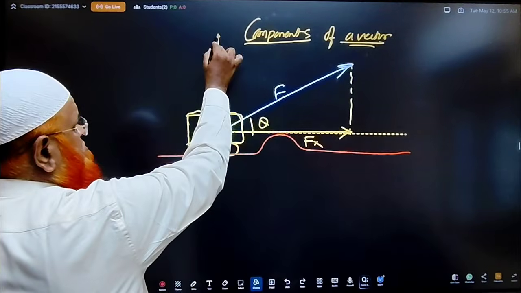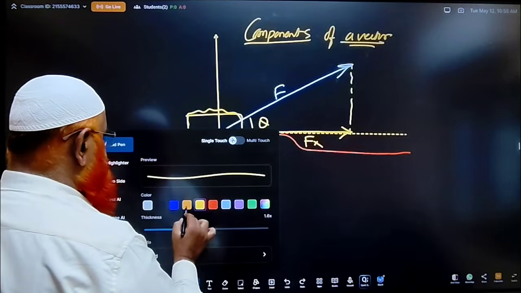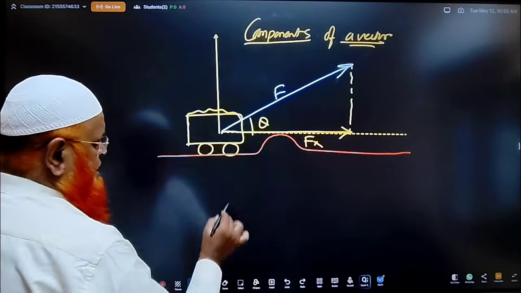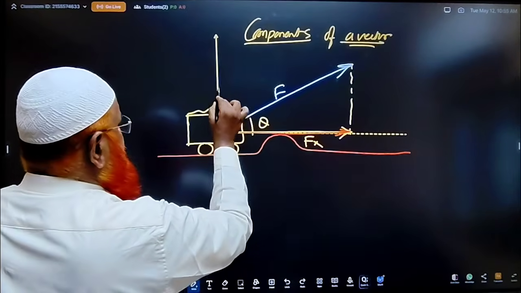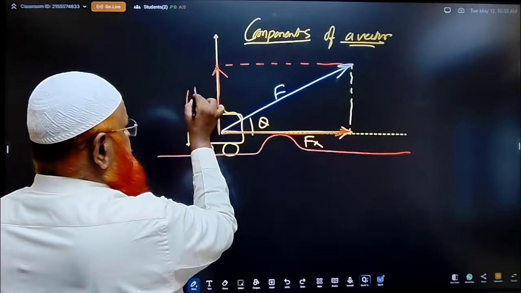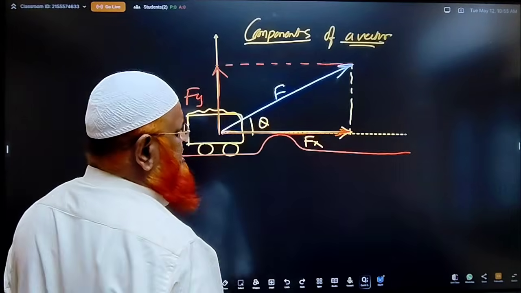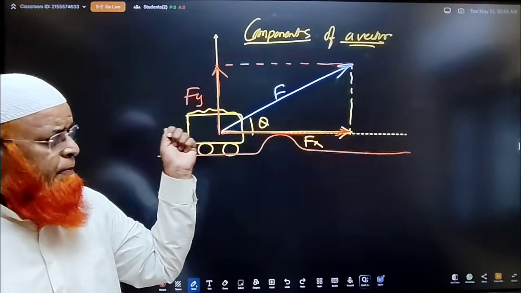In this direction one more component will act. Okay? So what is that component? Let me discuss. ఇది Fx అయితే, ఈ డైరెక్షన్‌లో Fy పనిచేస్తుంది. If you close this in this way, this is going to be Fy, this is going to be Fx. Continuously Fx is acting to pull the trolley.